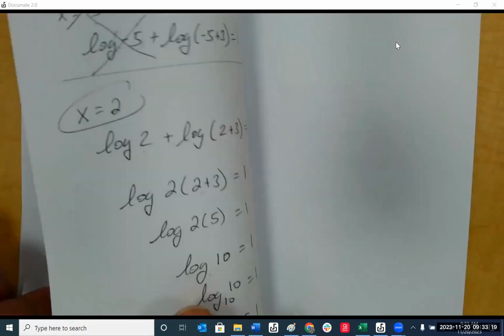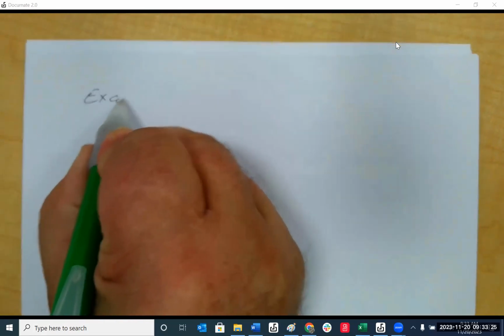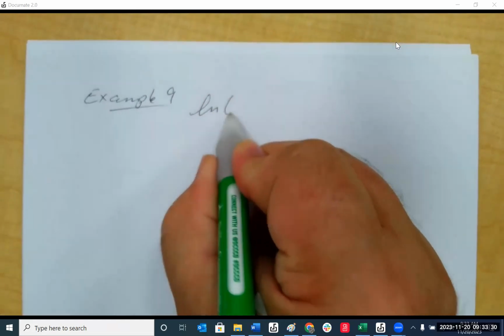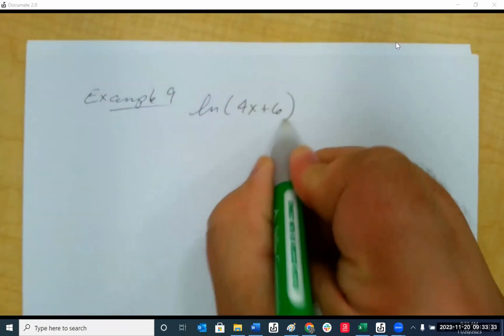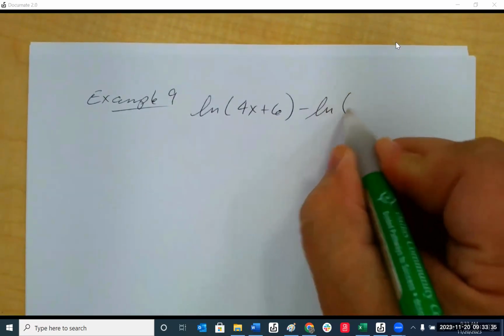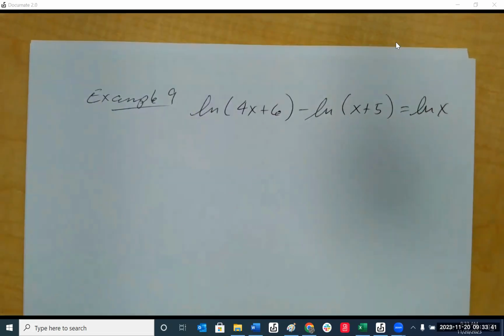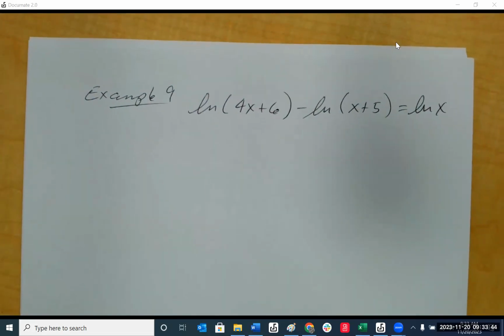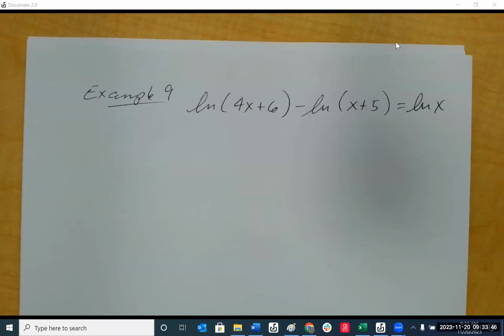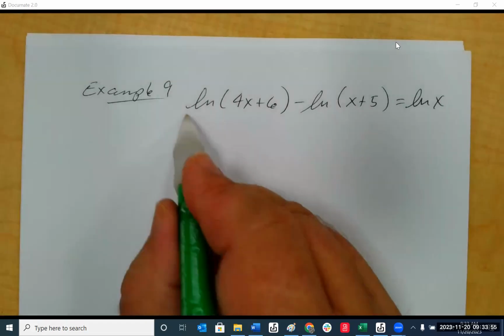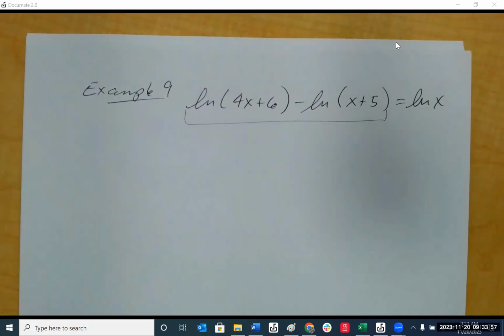Okay. Here comes our last one. Ln of 4x plus 6 minus ln of x plus 5 equals ln of x. On the left-hand side, what can we do?